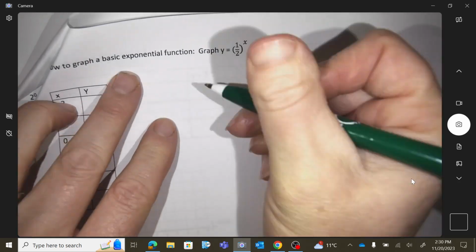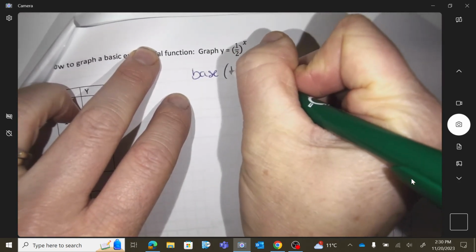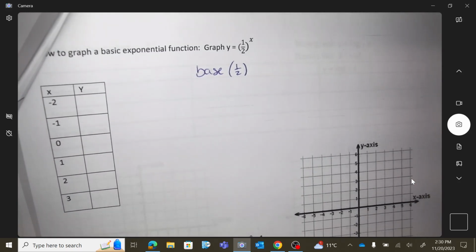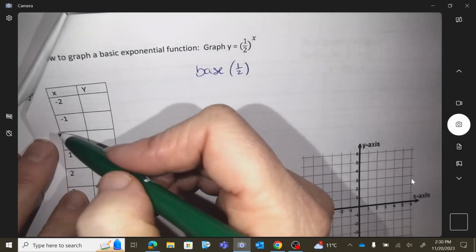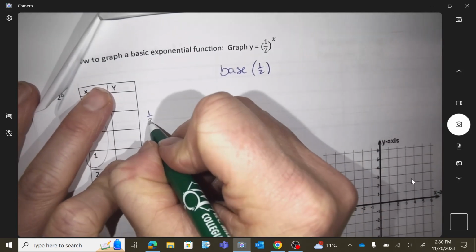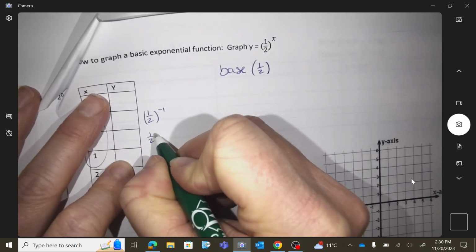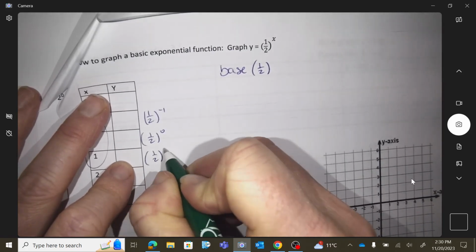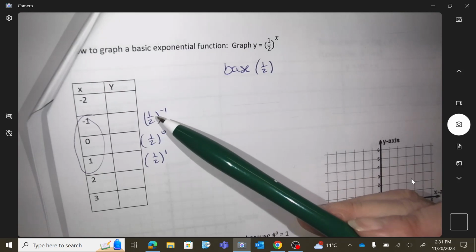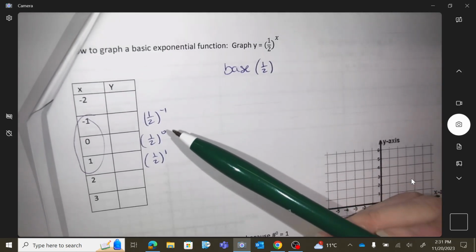Okay, this time my base is 1/2. So I always start with my basic here: 1/2 to the -1, 1/2 to the 0, 1/2 to the 1. Does anybody want to take a guess at what this becomes? 1/2 to a -1.